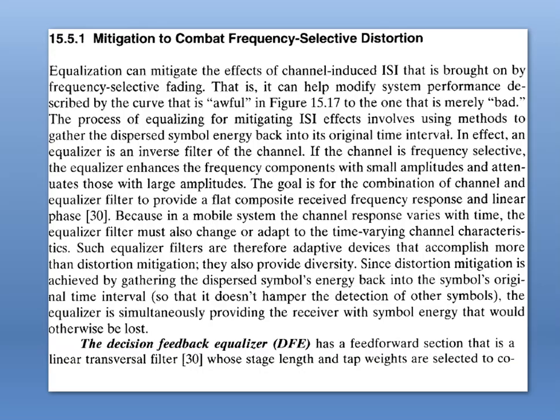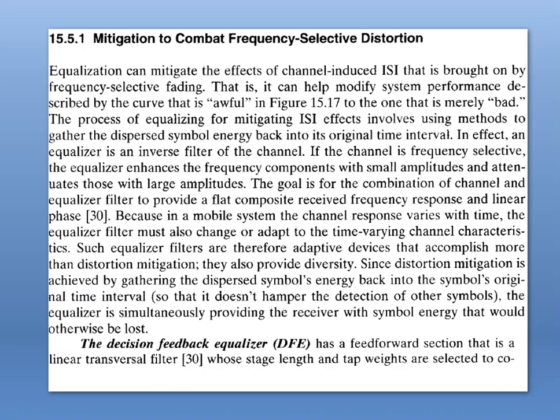The goal is for the combination of the channel and equalizer filters to provide a flat composite received frequency response and linear phase. Because in a mobile system the channel response varies with respect to time, the equalizer filter must also change or adapt to the time varying channel characteristics.